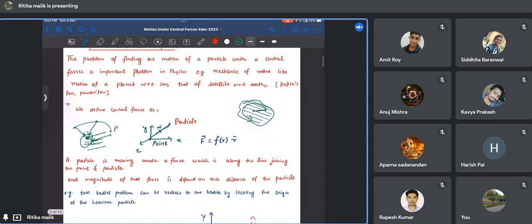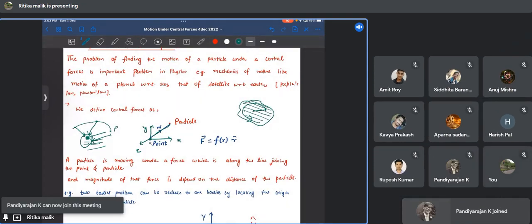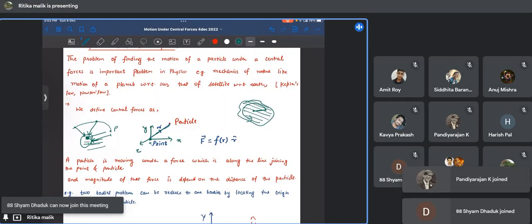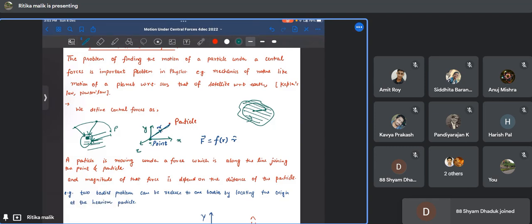For example, you may have an XYZ coordinate system in which the point is at the center, and your particle is at a distance r. The particle is going to face a force that can be towards the center, or it may be away, depending on whether the force is attractive or repulsive, and its magnitude depends on the distance of the particle from the center.